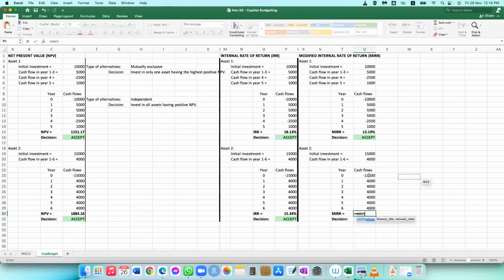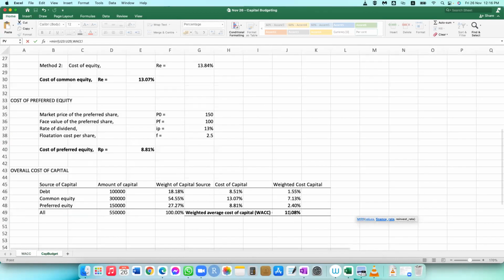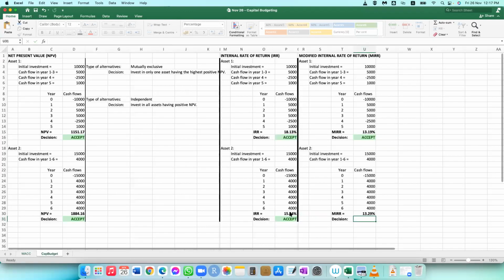The values, comma, finance rate, reinvestment rate, both are the same. This one, comma, this one. Bracket close, enter.